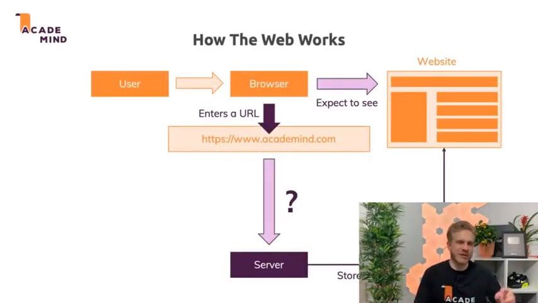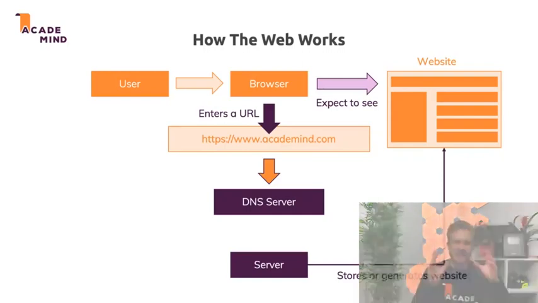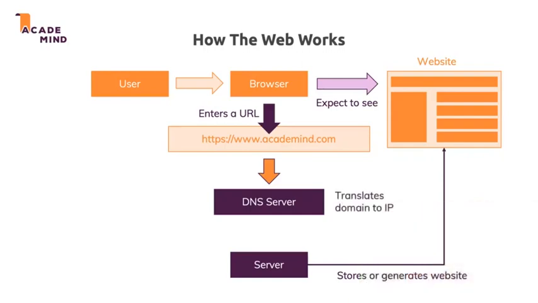And therefore the actual first thing that happens when you enter this is that your browser contacts a DNS, domain name system server, which is basically like a huge dictionary where each domain name is mapped to an IP, you could say. And then, therefore, this DNS server translates your academind.com domain into an IP address.